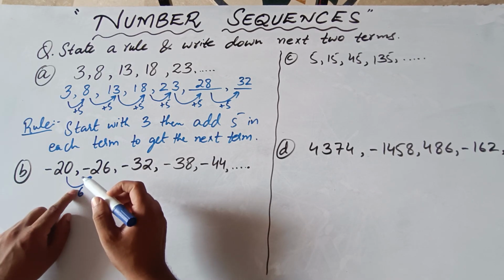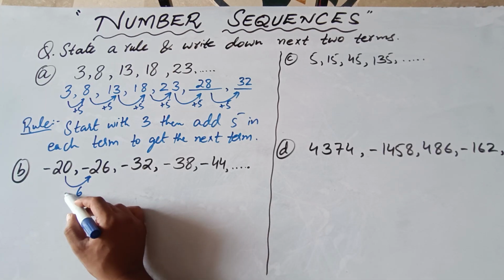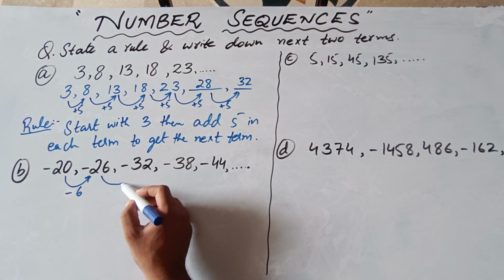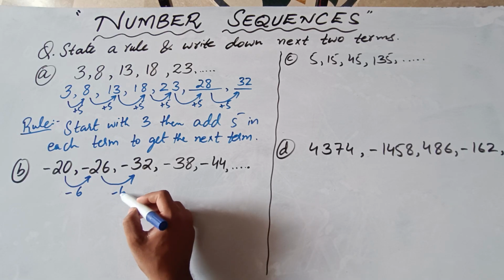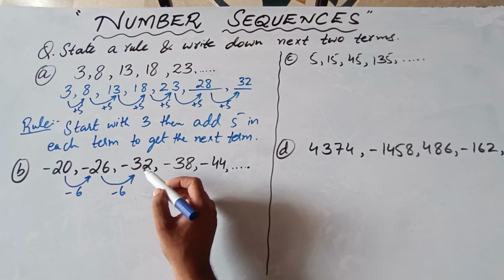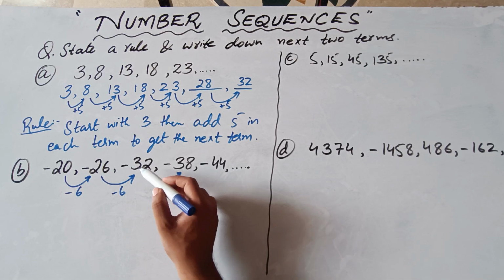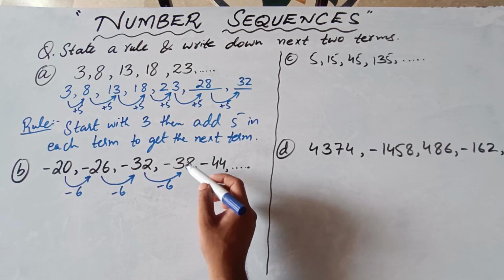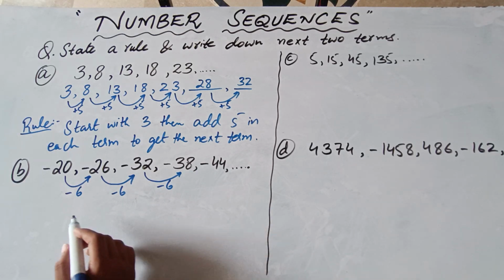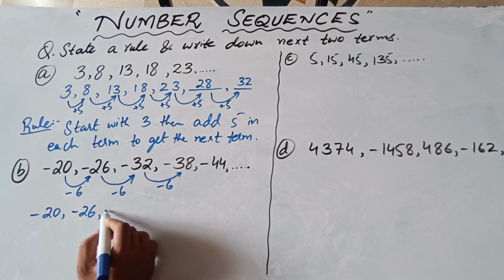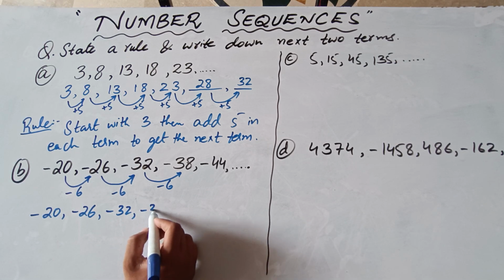But if we subtract 6 from negative 20, we get negative 26. Subtracting 6 from negative 26, we get negative 32, and again subtracting 6 from negative 32, we get negative 38. So it means that by subtracting 6, we get the next terms.